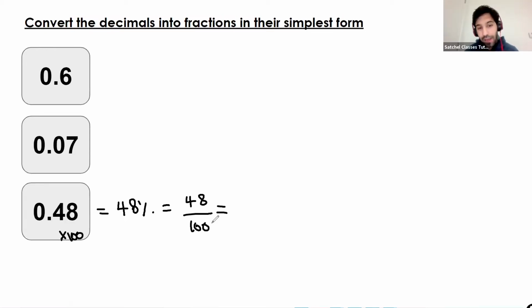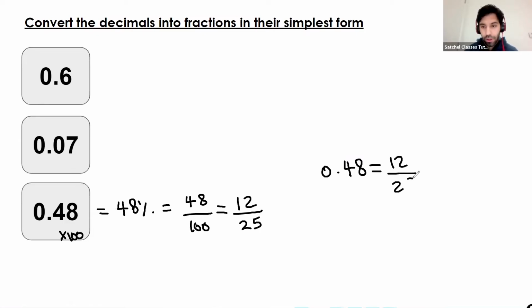We can divide both numbers by 4. So what I'll get is 12 over 25 as my simplified fraction. So 0.48 is equal to 12 over 25.